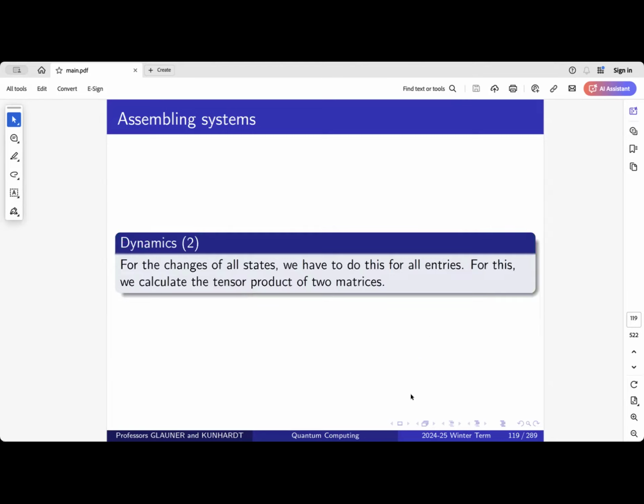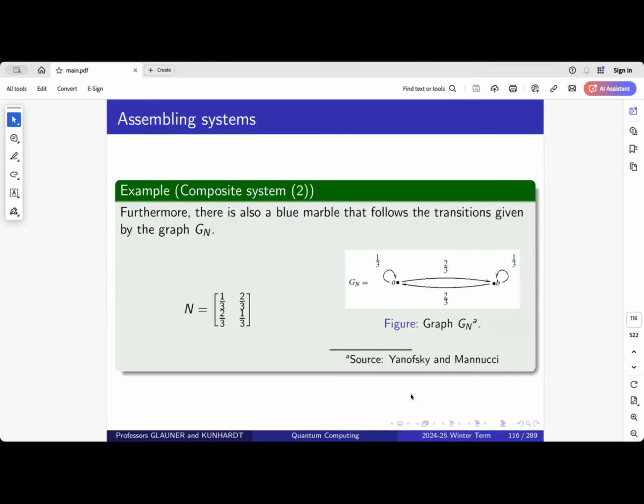Now you're wondering, what are these composite systems useful for? They allow us to assemble systems, build composite systems from larger systems. We can do this for probabilistic ones. We can do this for quantum ones.